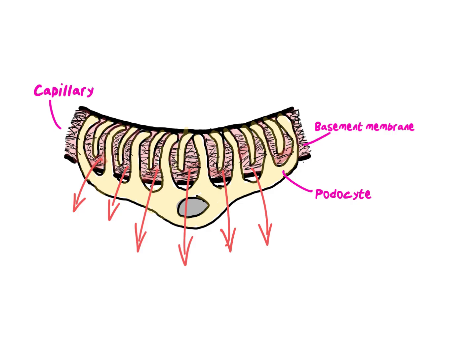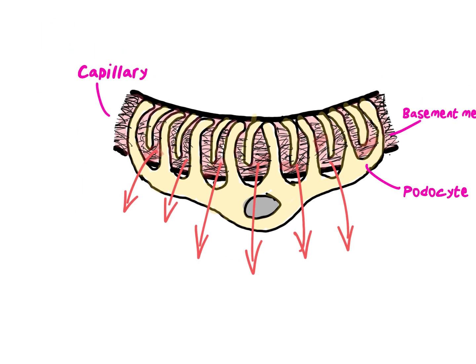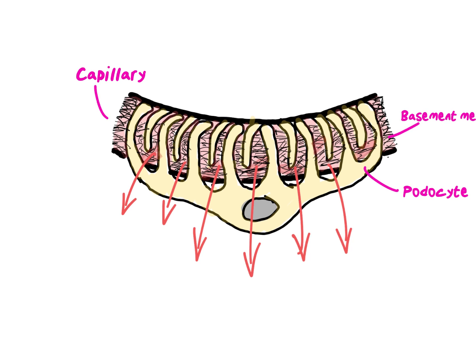So I've zoomed in on a single podocyte, which is simply a cell of the lining of the Bowman's capsule, and it grips around the capillary, and what it will do is prevent, if you can see here, the plasma will be moving out through these gaps in the podocyte, and what this does is it acts as a second barrier beyond the basement membrane to prevent the flow of cells from the blood into the filtrate.